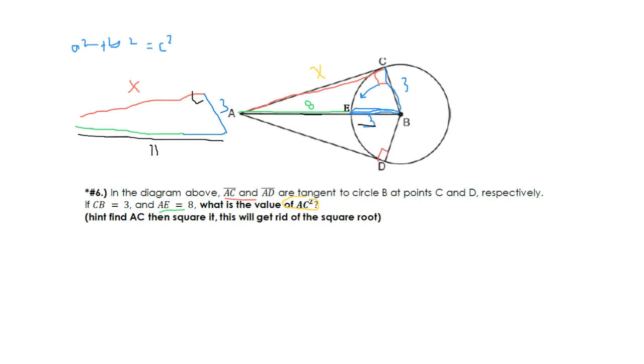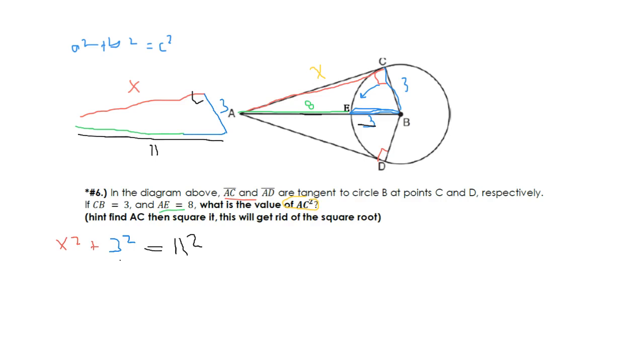So now we have x squared plus 3 squared because those are my two legs. My hypotenuse is the 11, equals 11 squared. Writing with my mouse today, so it's a little harder.